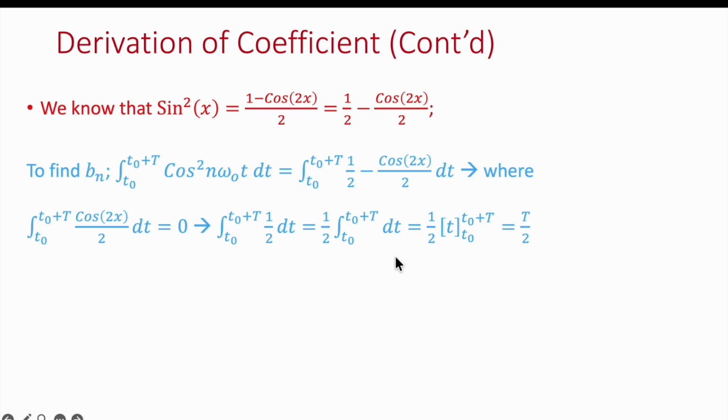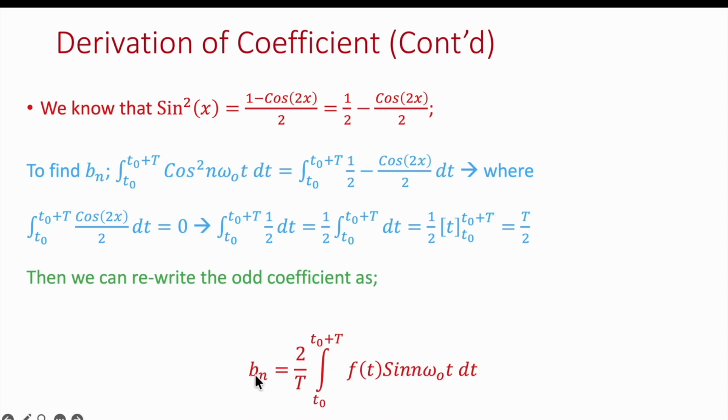You can use these two values in the previous equation to write the odd coefficient of our signal: b n is equal to 2 by T times the integral with limits t naught to t naught plus capital T of f of t sin n omega naught t dt. So this is for the odd coefficient.